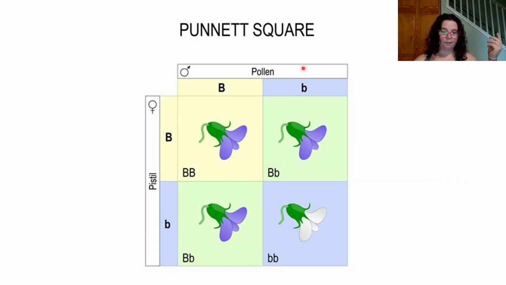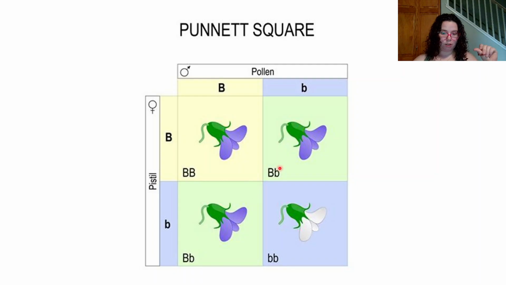And I can see there's a genotype and a phenotype of purple for homozygous dominant. And I can see that there's a heterozygous option, genotype, with the phenotype of purple again. There's two of those.